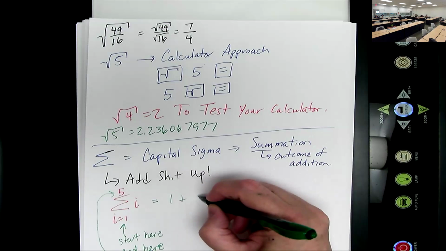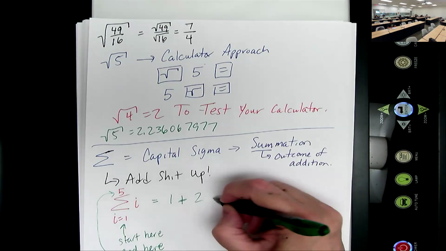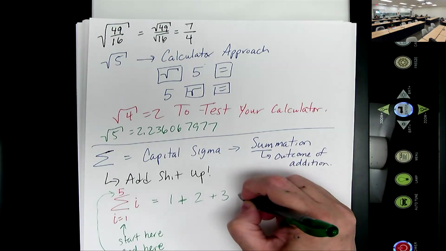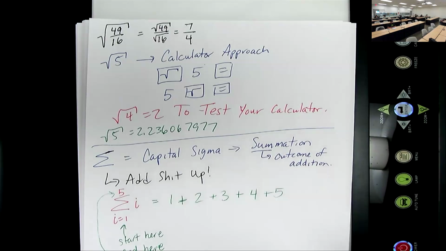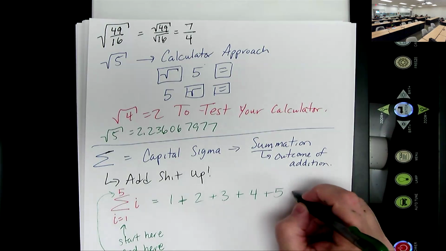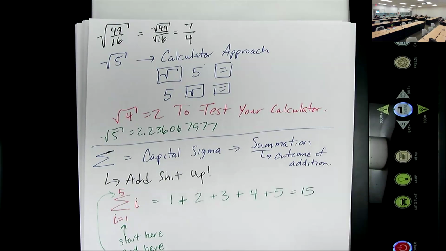Then I go on and add the next number, which is 2. The next number is 3, 4. I get up to 5. 5 was the final number, I stop. I add these up, and this is 15.